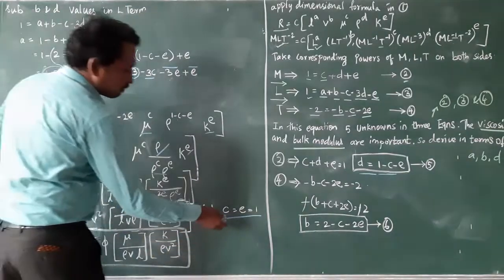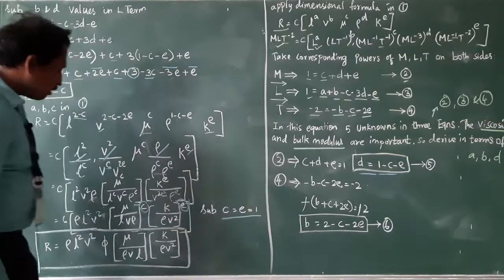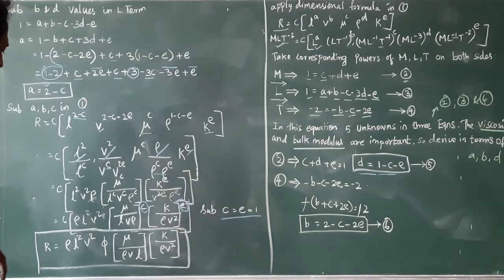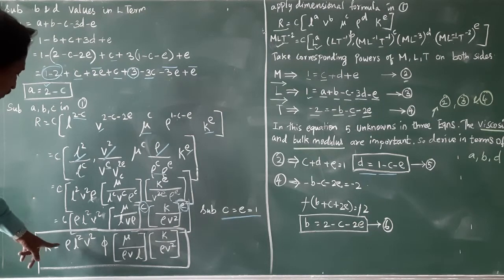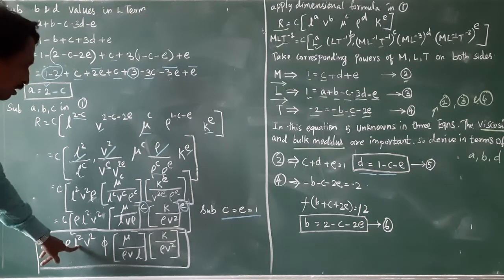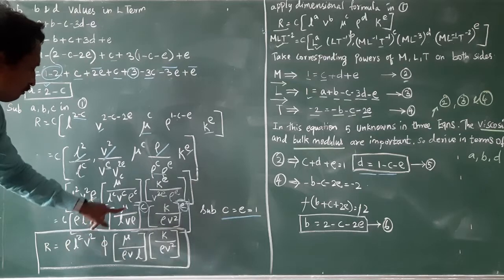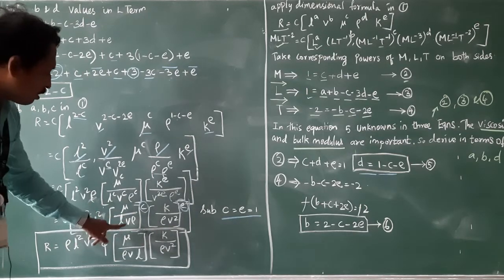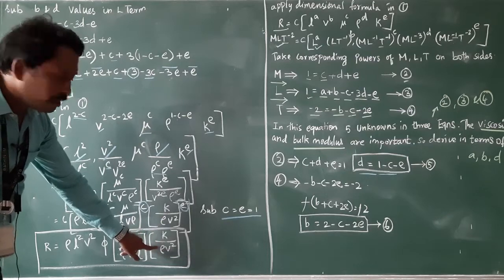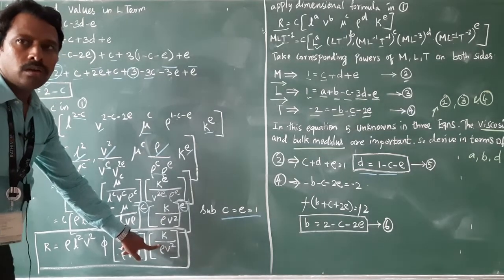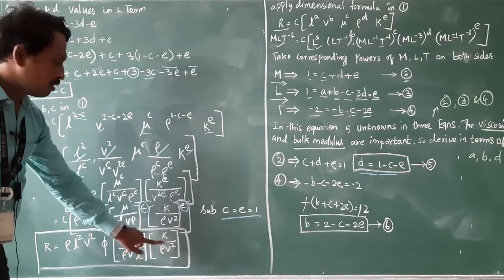Now substituting C and E equal to 1, the power is getting cancelled. So the resistant force is rho L square V square times a function of mu divided by rho V L and K divided by rho V square. Thank you.